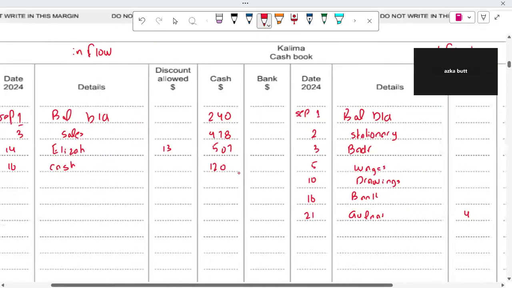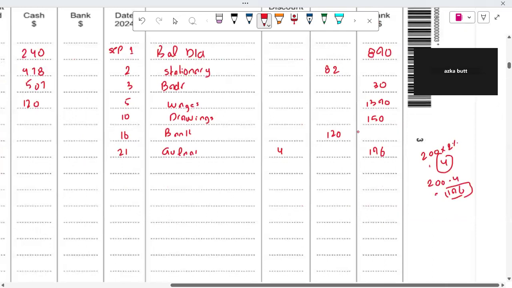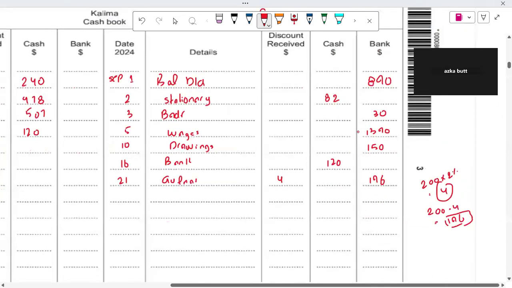So now balance the cash book. Okay, so the credit side is basically, first of all, let's calculate the bank column. 890 plus 30 plus 1390 plus 150 plus 196.